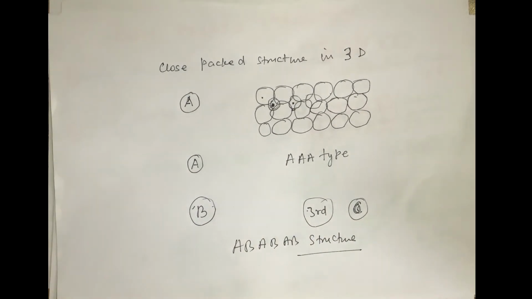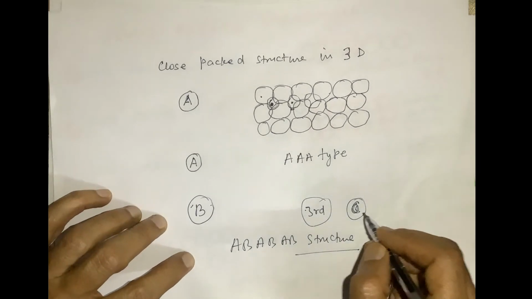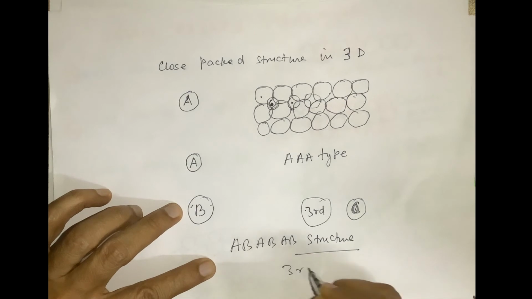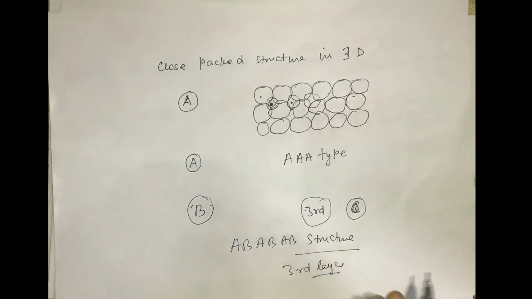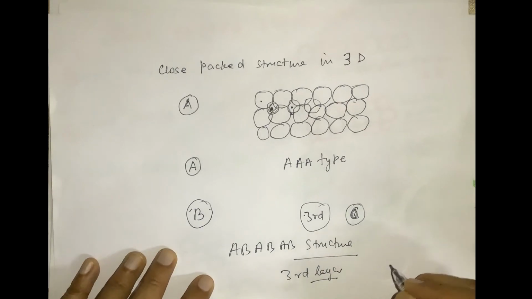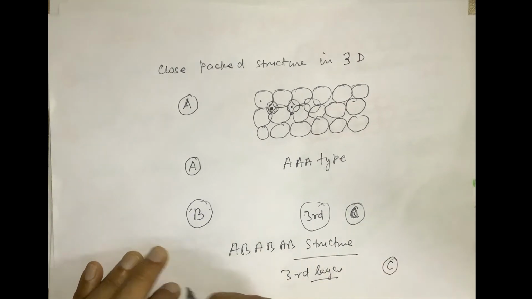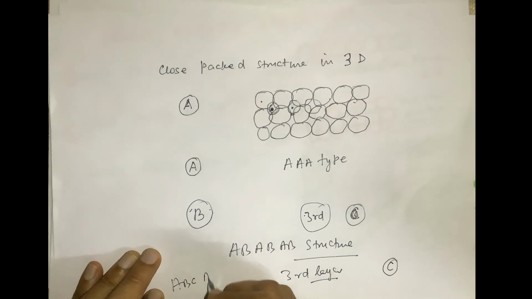And if the particles of third layer are not aligned with the first layer, then the third layer will be C layer, and the structure will be ABC structure.